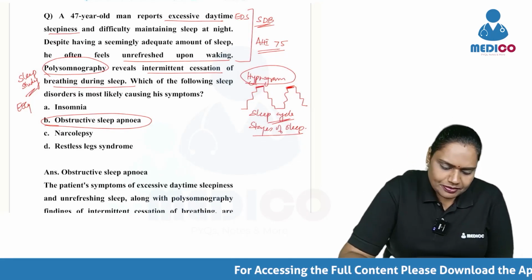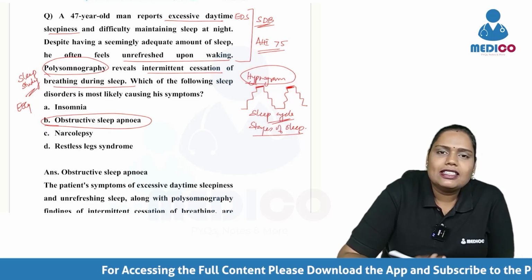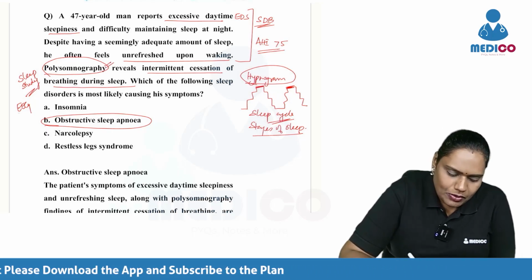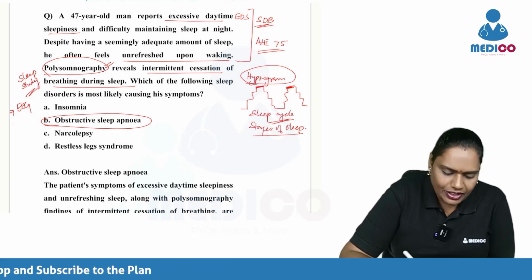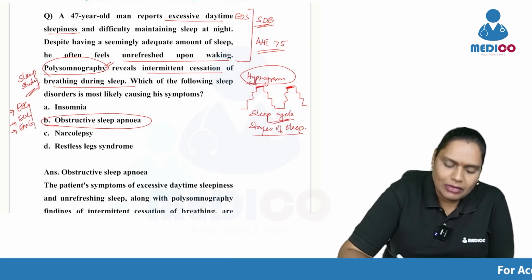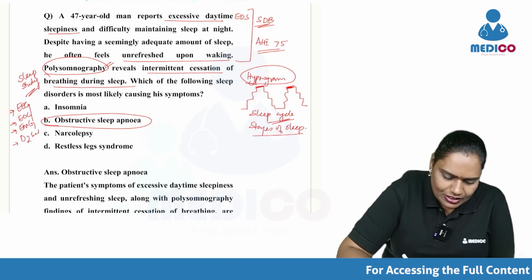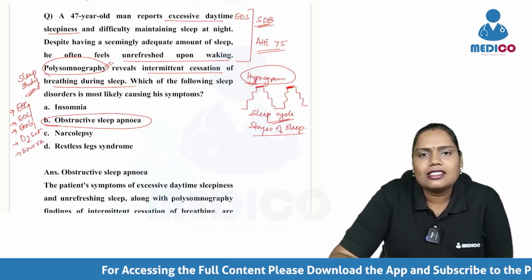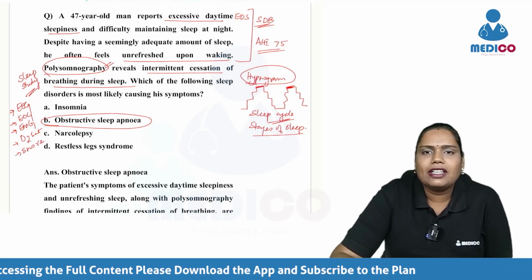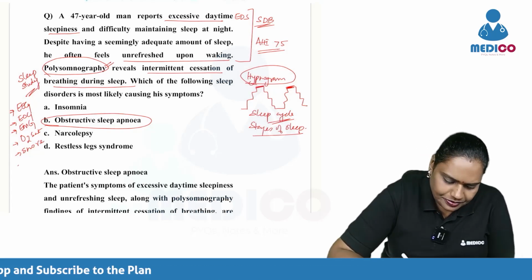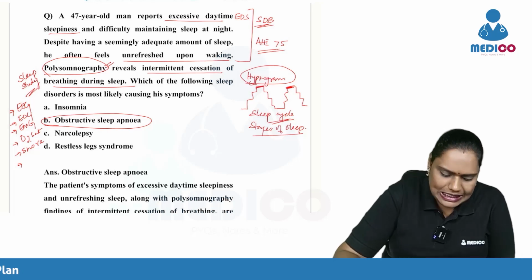So what are all the physiological parameters that are recorded in an overnight sleep study or polysomnography? Most important is the EEG, that is the electroencephalogram. Along with the EEG, we will also record EOG, that is electrooculogram, EMG, activity of the muscle. We will check for oxygen saturation, snoring. Another very important classical symptom in a patient of obstructive sleep apnea is snoring, history of snoring during sleep.